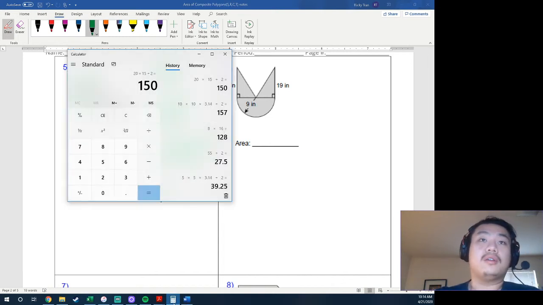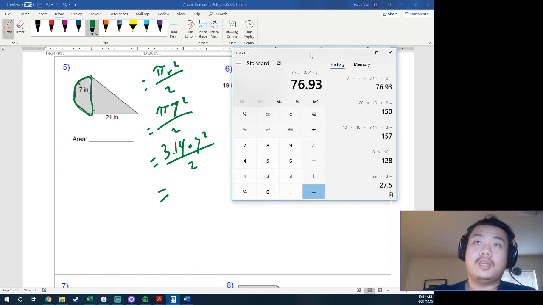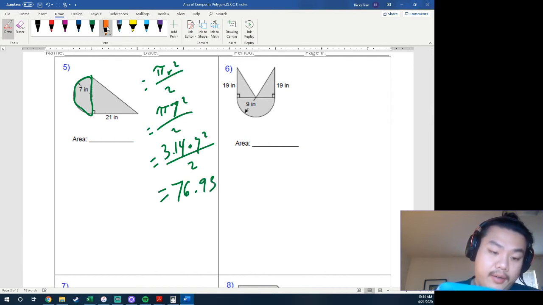Put that in the calculator. So we have 7 times 7 times 3.14 divided by 2. 76.93. Okay, and then now we're going to find the area of the triangle.